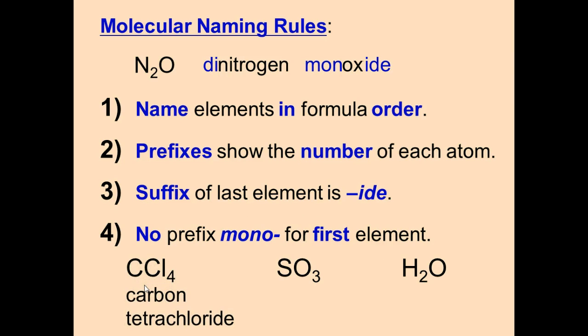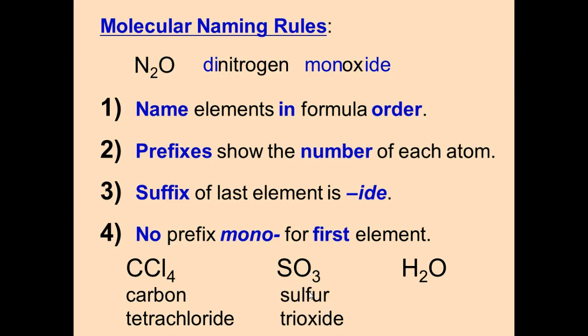Same thing with S. Now that we know mono can't be the first one, we can just ignore mono for the first one. So we have sulfur, then we have oxygen. We don't add mono to the first one, but we add tri to the second element, so it will be trioxygen, and then we add ide because it's the last element. So it'll be sulfur trioxide.